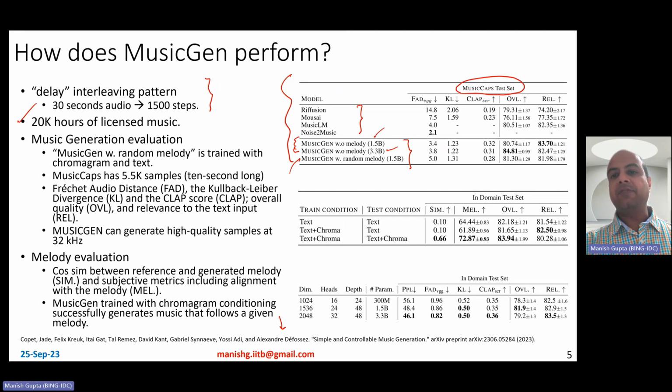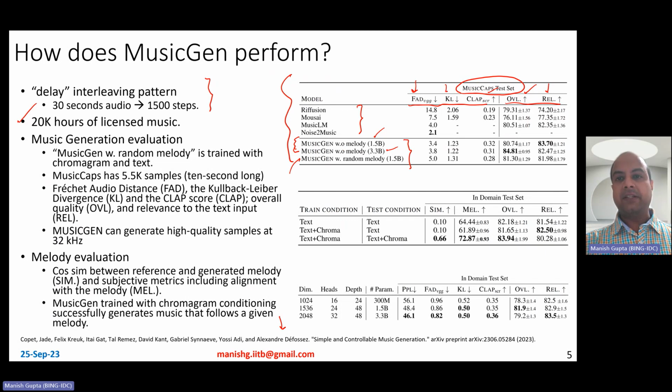And it's computed using 5 different metrics. 3 of them are automated metrics, 2 of them are human-generated metrics. So this is Fréchet audio distance, KL divergence, CLAP score, and then the human-generated metrics are about overall quality and relevance to the input text, right? And what you observe is that, of course, MusicGen performs way better compared to existing baselines.